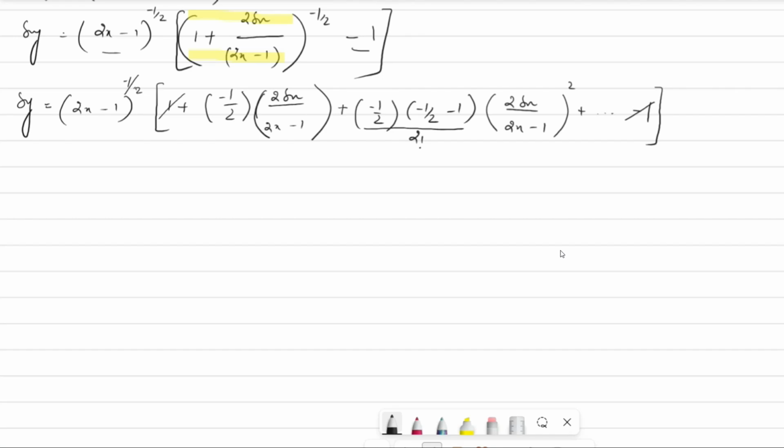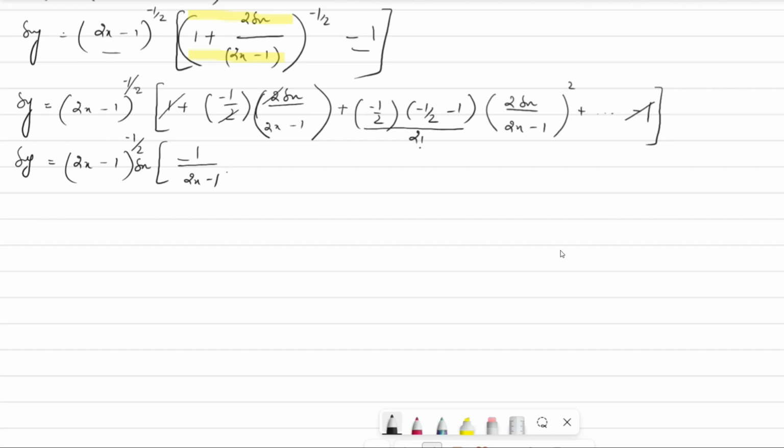Minus 1 and positive 1 cancelled. So delta y is equal to (2x minus 1) whole raised to the power minus 1 upon 2 and this 2 is cancelled with 2, minus 1 upon 2x minus 1.